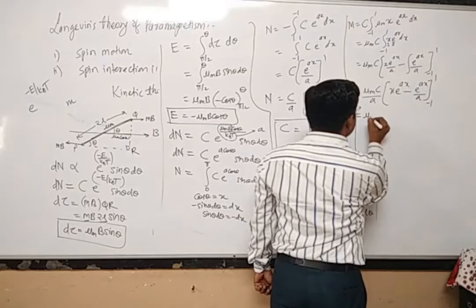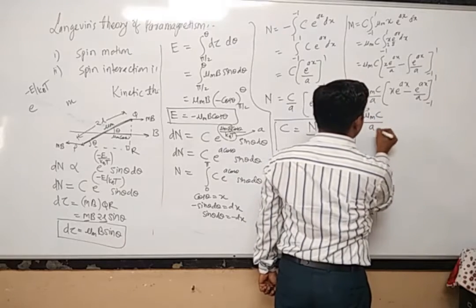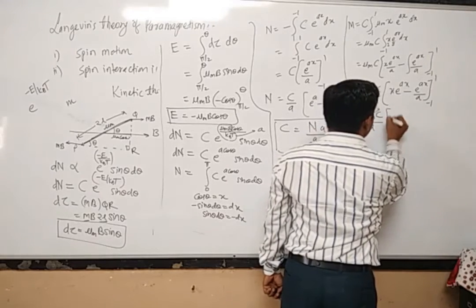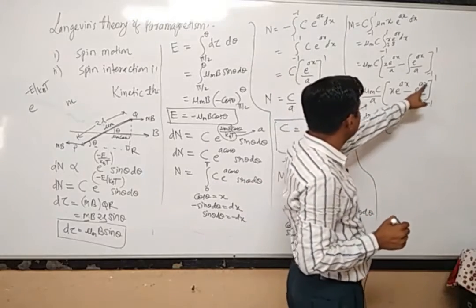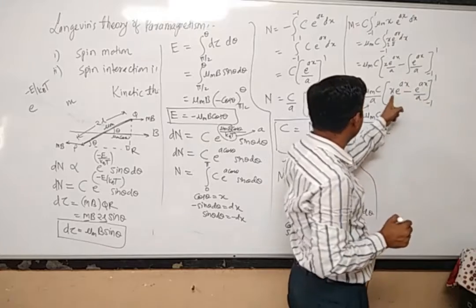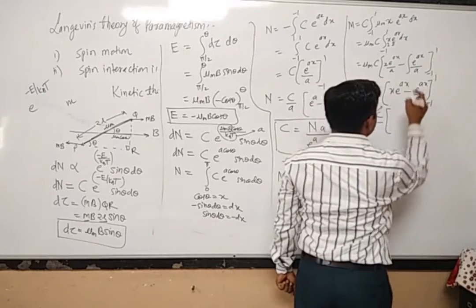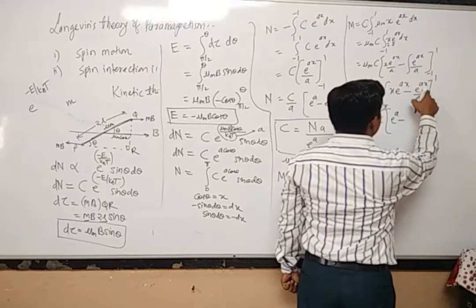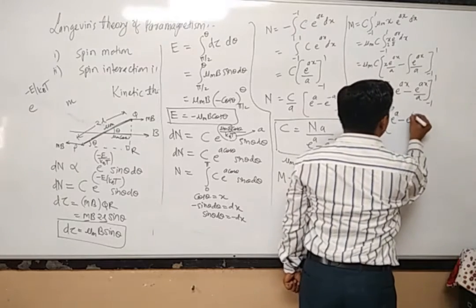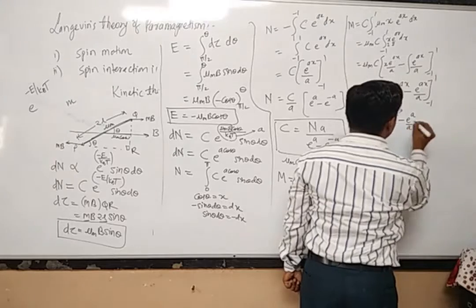Now it is μm c divided by a. Now let us put the limits. First we will put the upper limit: x is equal to 1, so 1 into e raised to power a, minus e raised to power a divided by a.